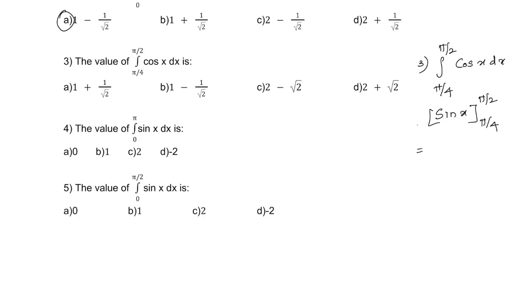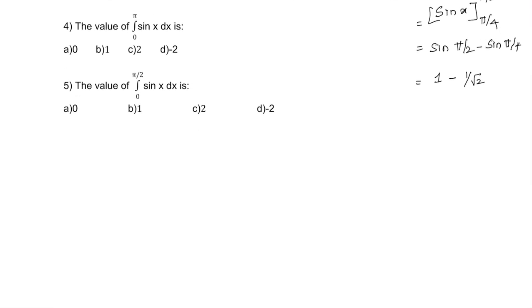On applying the limits, sin pi by 2 minus sin pi by 4. Sin pi by 2 is 1, minus sin pi by 4 is 1 by root 2. So the answer is B.